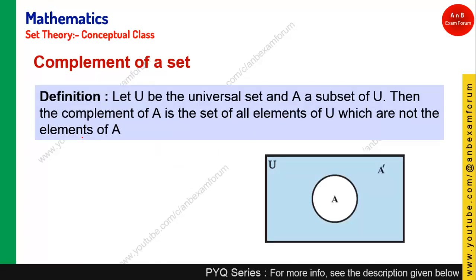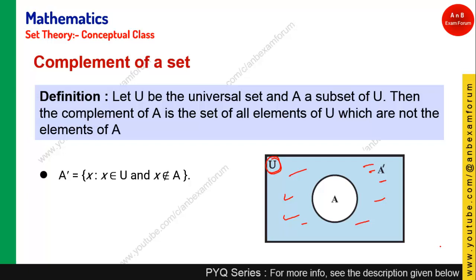Coming to the next operation, which is the complement of sets. A very simple one. You have set A and this is the universal set. Instead of considering this set, you are considering all the other elements which are present in the universal set, and that is called the complement. If you see the definition, it is the set of all the elements of U which are not elements of A. Understood?